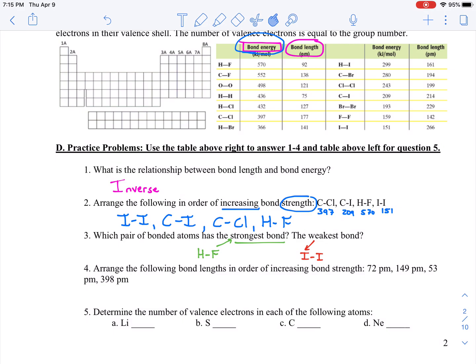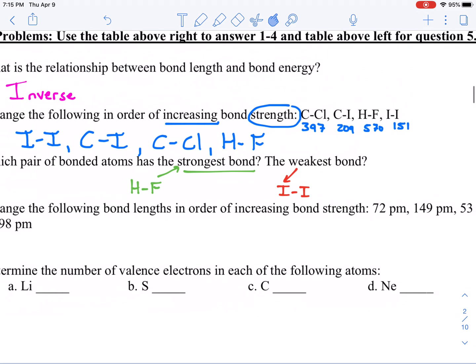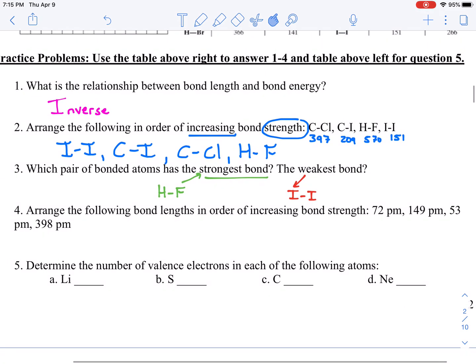Let's now talk about strength as it relates to length. Remember, there's an inverse relationship between bond strength and bond length. So if we're going to arrange things in order of increasing bond strength, that means going from weakest to strongest, then we want to start with the longest bonds because the longest bonds are the weakest bonds.